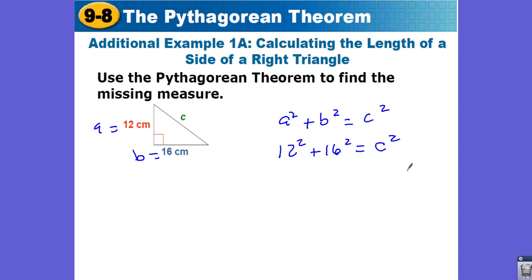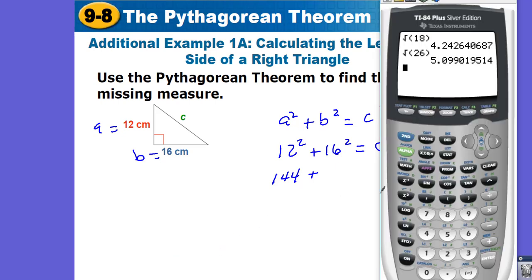So now we do our math. 12 squared means 12 times 12, which is 144. 16 squared, I may not know that one, so I'm going to get my calculator back out. There are several ways of doing it. One way is just doing 16 times 16 and coming up with the answer of 256.